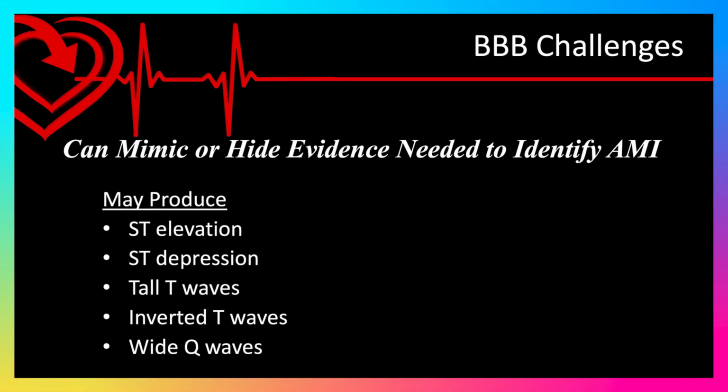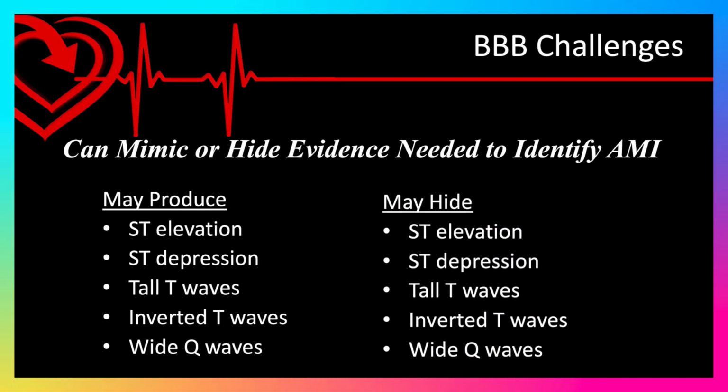When we think about it, a bundle branch block by its nature is going to make a wide QRS, which often can result in ST elevation, ST depression, tall or odd looking T waves. All these things can happen as a result of that morphology, that electrical movement. Because the electricity has to go around the blockage, the depolarization takes a wide, slow, funky kind of route, which often will result in odd, funky looking ST and T waves.